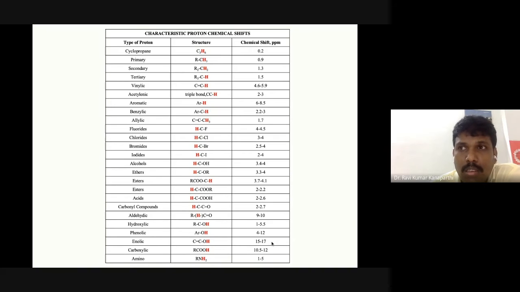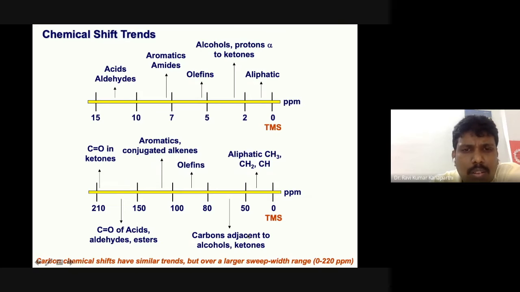Let's say acetylacetone can exist in two different forms, and in the NMR spectrum of the enolic form, the chemical shift will be very much de-shielded because of the hydrogen bond. So it will be seen in that region, and the phenolic OH is seen in this region. These are all tables you have to remember.